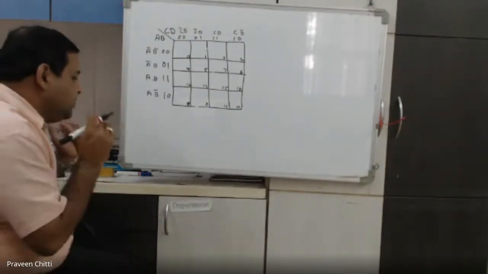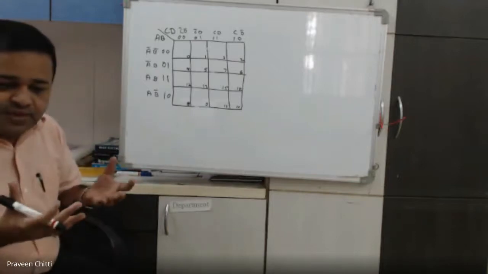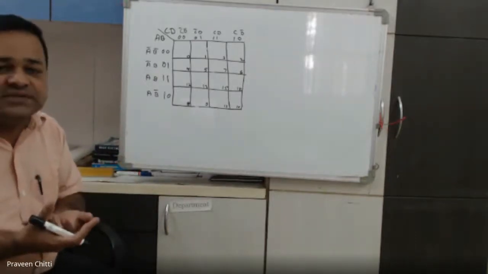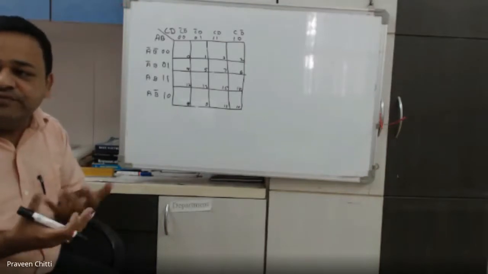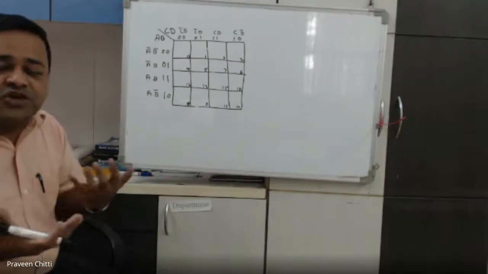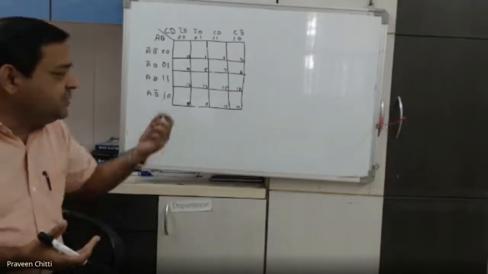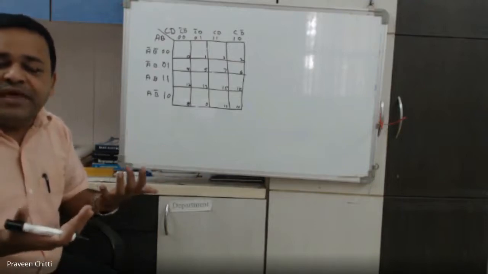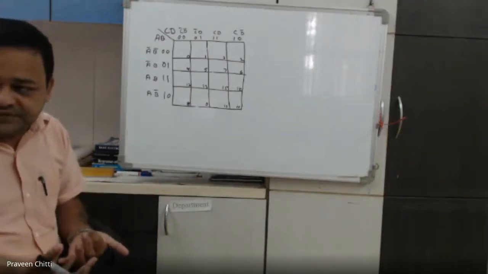Fine. So grouping means we have to club adjacent ones in terms of SOP, and we have to club adjacent zeros in terms of POS. So how can we group it? There can be an isolated one. If you have an isolated one, it will have all the input variables, right?